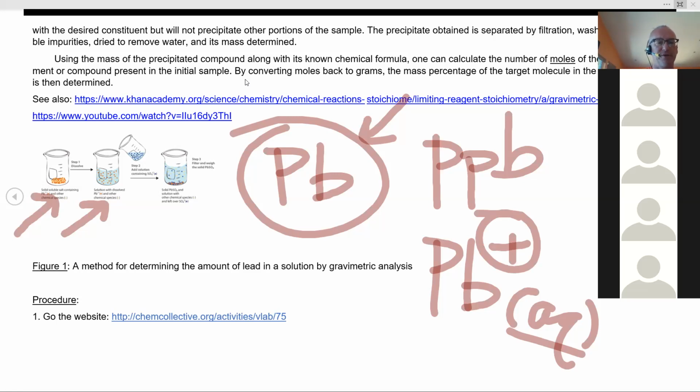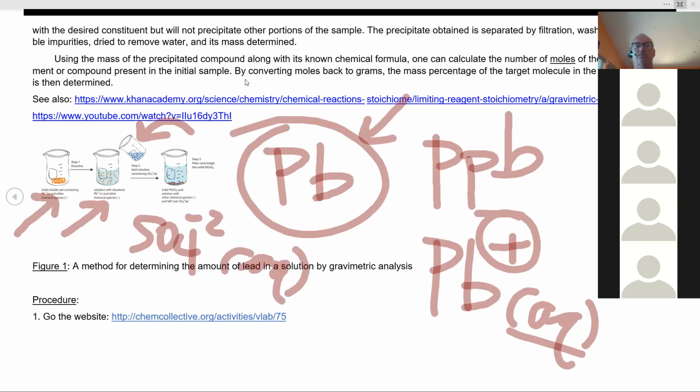So then step 2, we add a salt containing sulfate, also aqueous. In this particular instance, lead's +2. So when we add a salt containing sulfate in the presence of lead, we get this reaction.